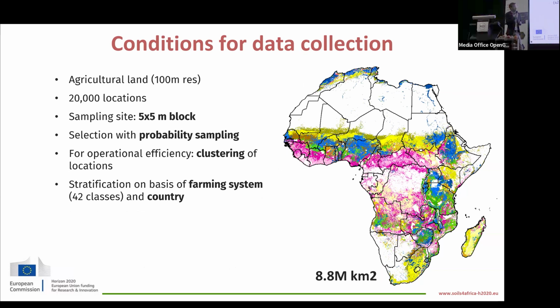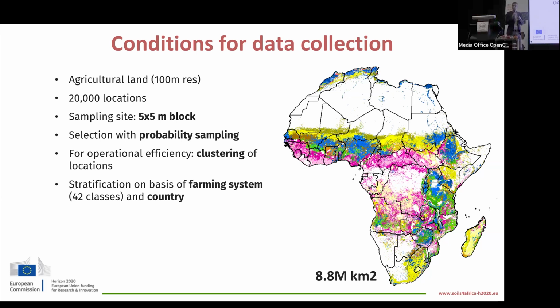About 8.8 million square kilometers. So it's huge. We wanted to take composite samples. So our field sampling unit was a 5 by 5 meter square, in which we took 4 samples at these 2 depths, which we then mixed and sent a composite sample of each depth to the laboratory in South Africa.